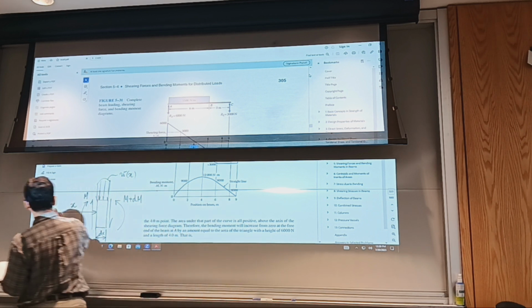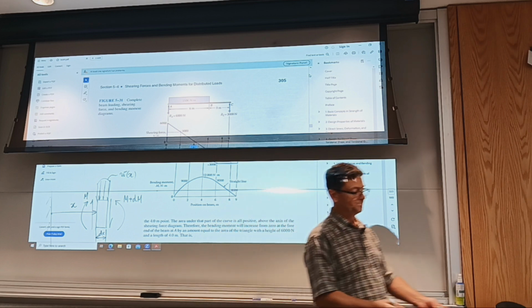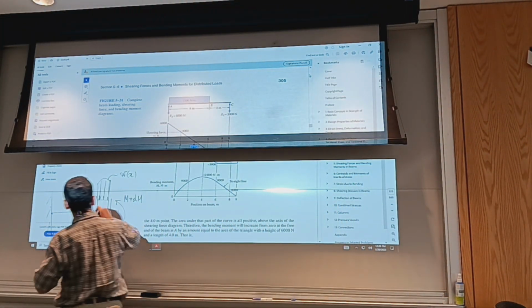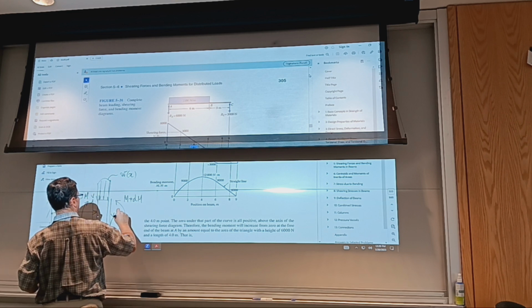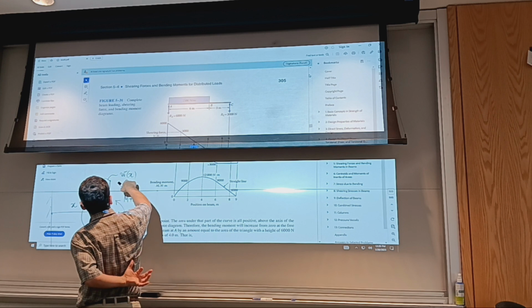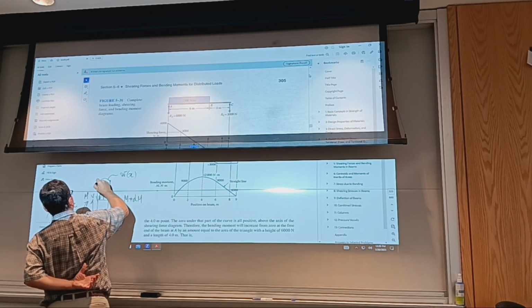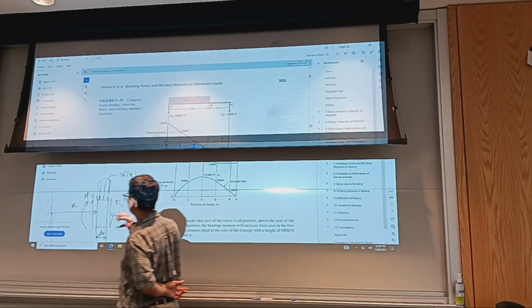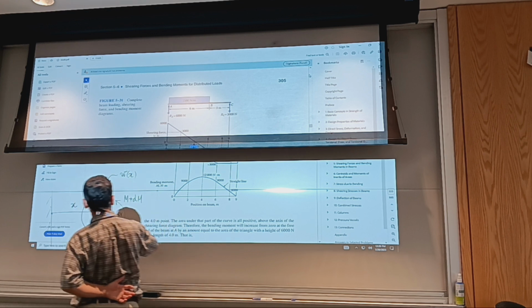And then I can do, for example, I want to know what V is. So this is V, and this is V plus dV, and it's due to this being non-zero. And so I write equilibrium for the element, first for forces.